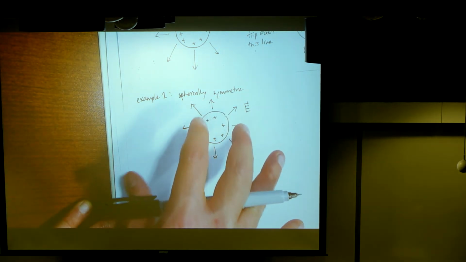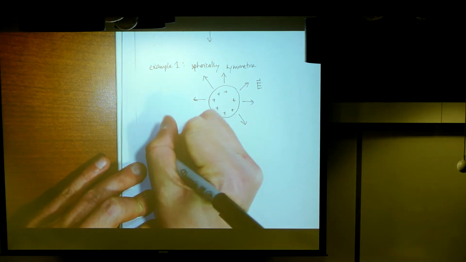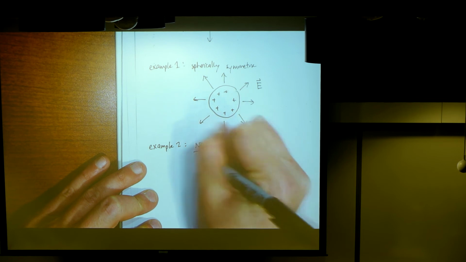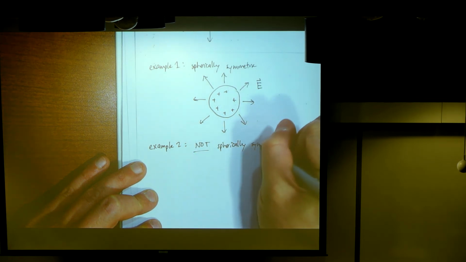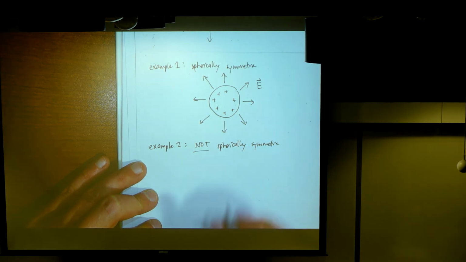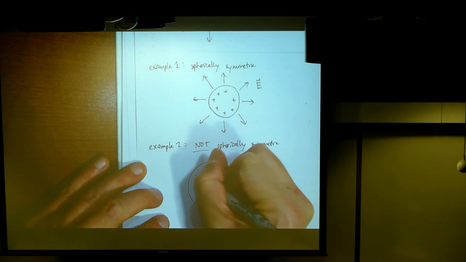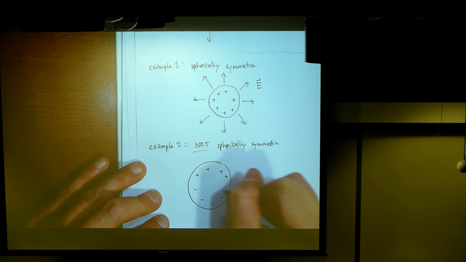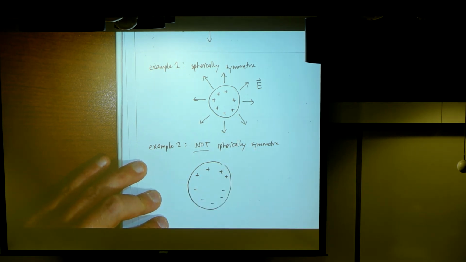Good so far? All right, what about example 2? That's not symmetric, so it's not spherically symmetric, because when we draw the charges, we have positives on top of the sphere and negatives on the bottom. What does the E field look like generally speaking here? What direction should E field lines be going in this picture?